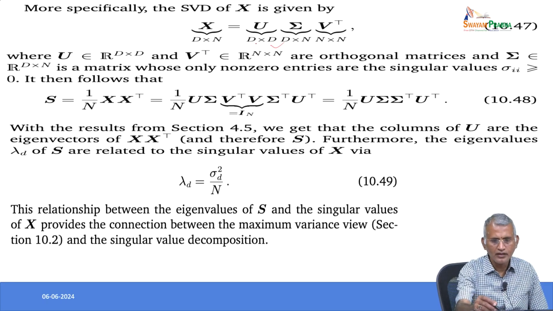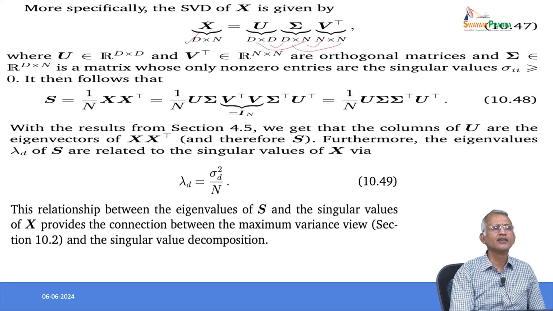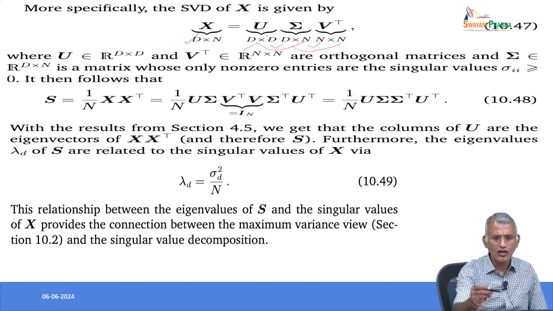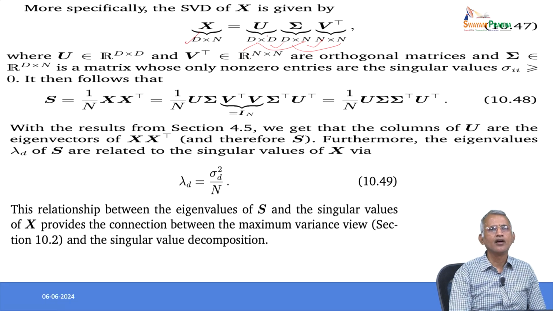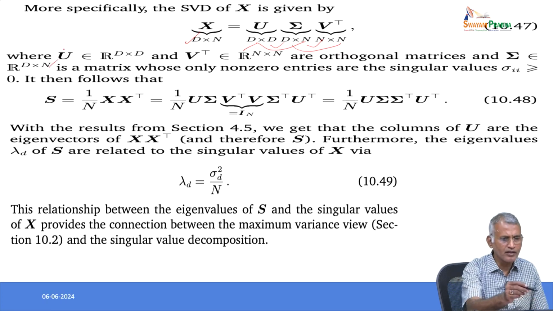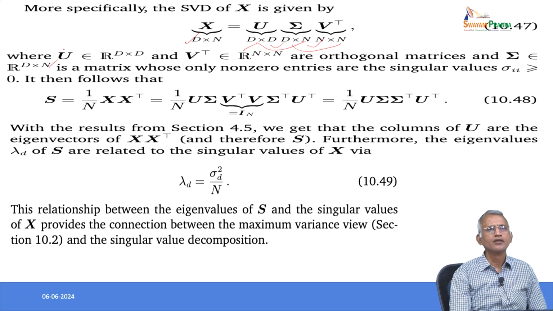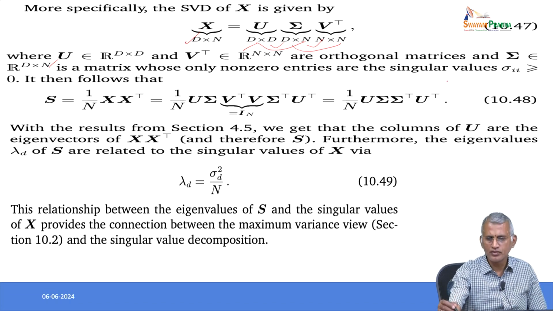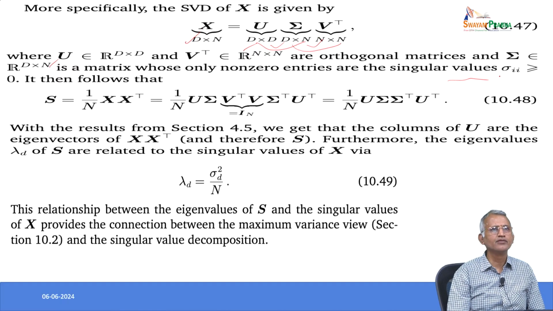Sigma belongs to R power d cross n, and the resultant is a d cross n matrix. Sigma is a matrix whose only non-zero entries are the singular values sigma ii, which are positive.